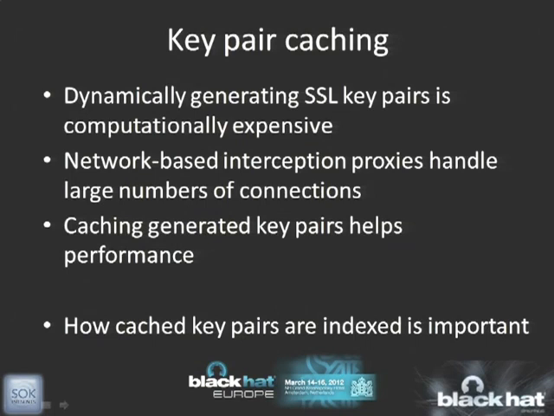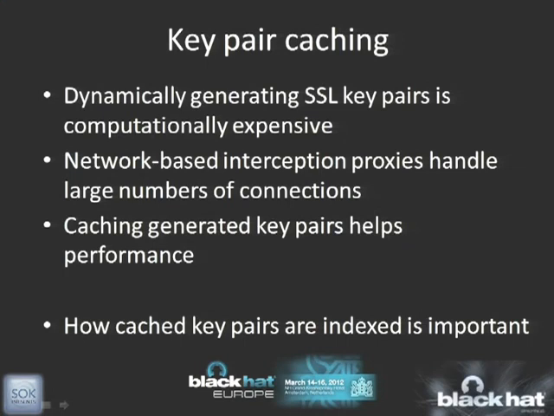And then another issue that we can see arise is key pair caching. Dynamically generating SSL key pairs is somewhat computationally expensive. This is especially the case for network-based interception proxies that may be handling a large number of concurrent connections.